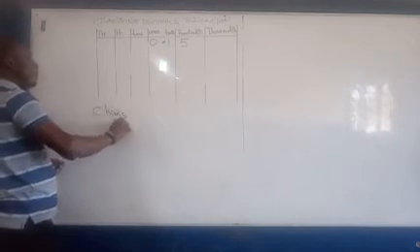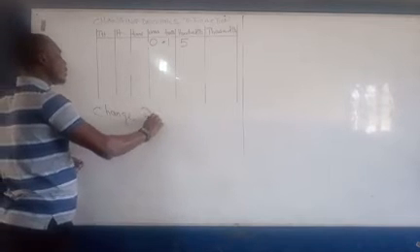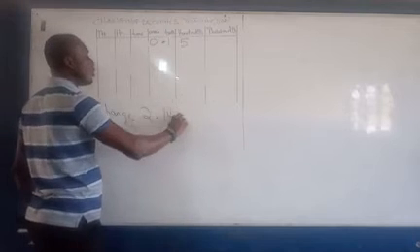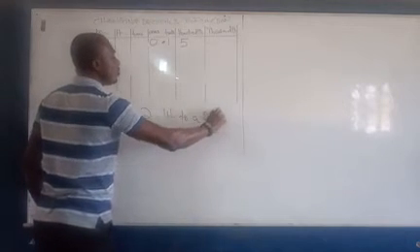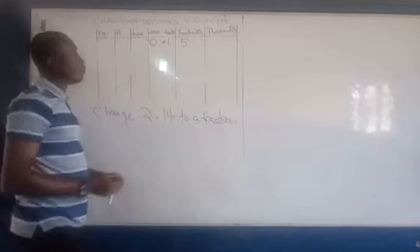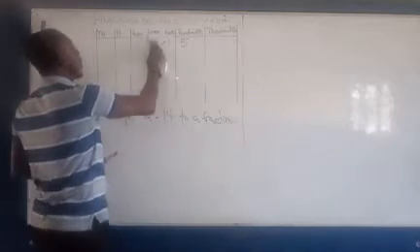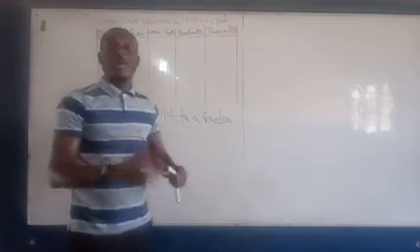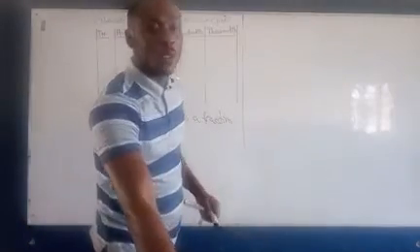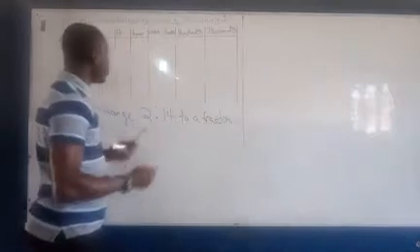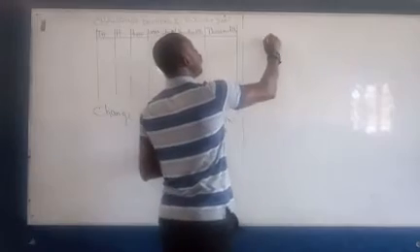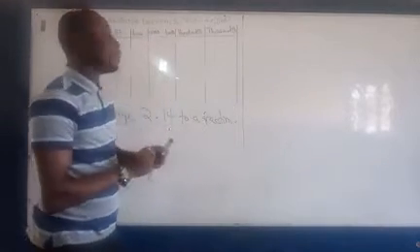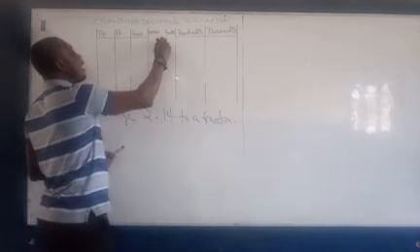Change 2.14 to a fraction. Good. We are changing 2.14 to a fraction. And right after that, I'll give you a series of examples to try. All right. 2.14. At the red column, let our decimal be there.